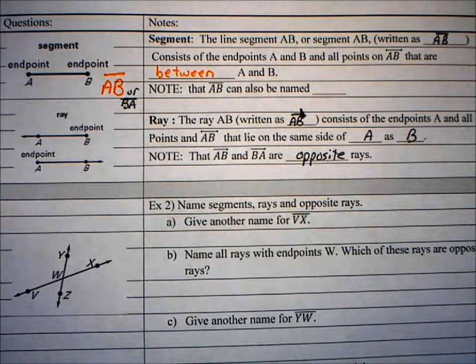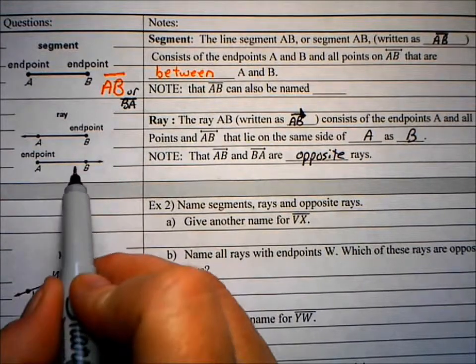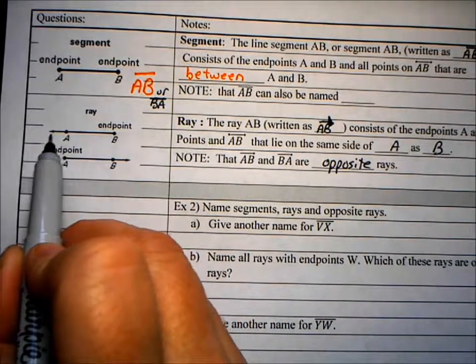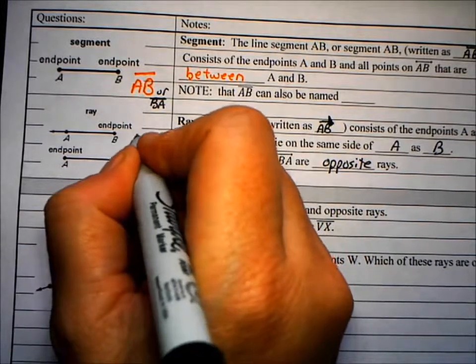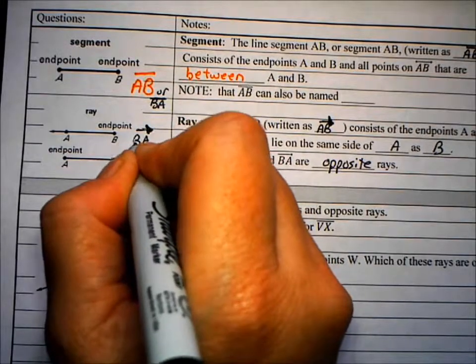Okay, on the ray, one thing I need to add is that direction is important, because if you're looking here, it says B is the endpoint and it heads towards A, so this one would be ray BA because it has to start with the endpoint.